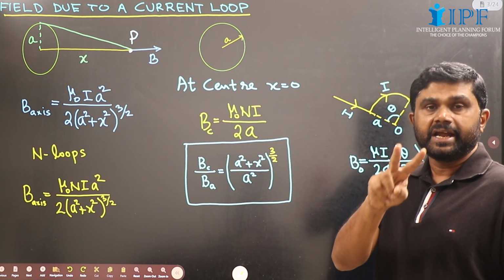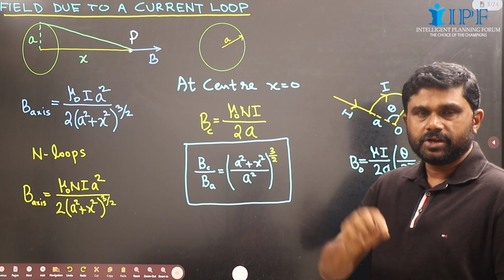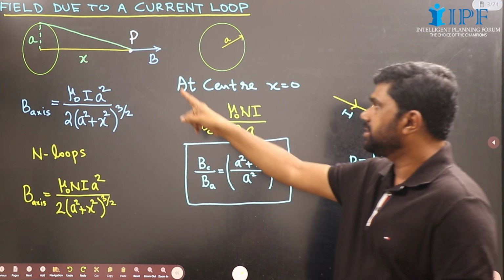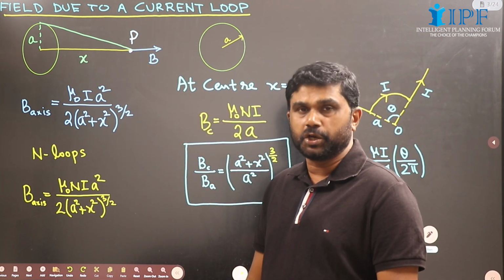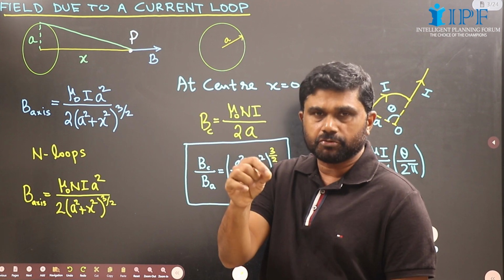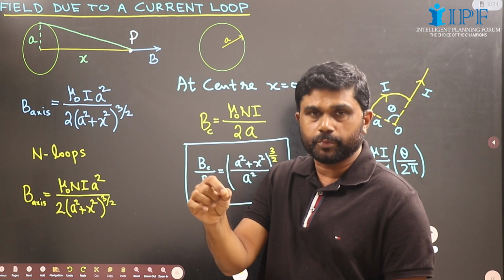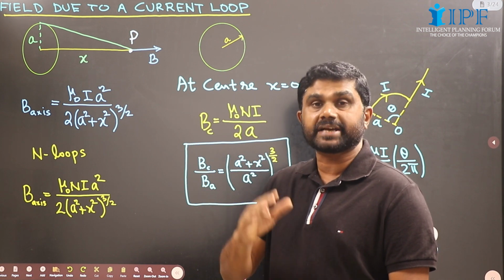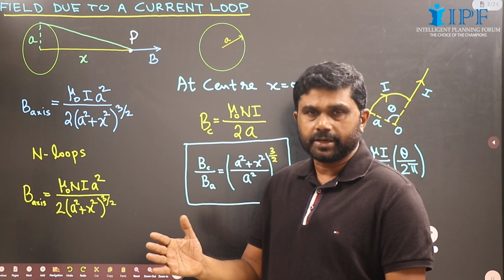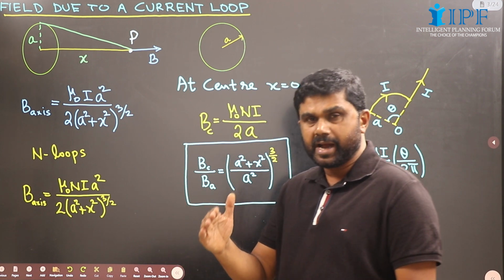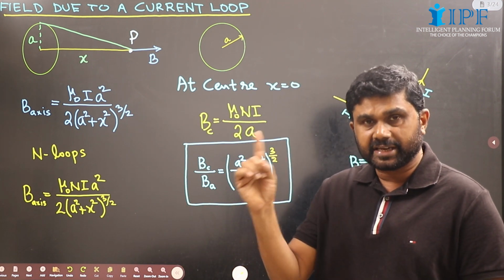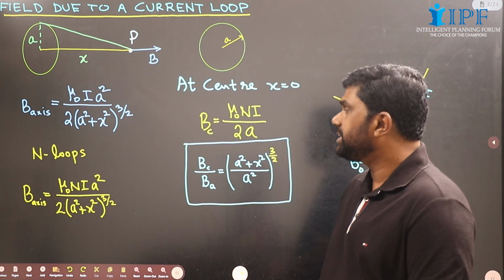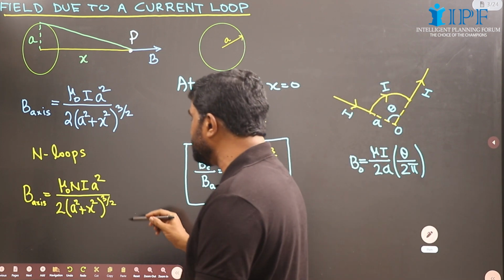Now let us consider two points, one at the center and one on the axis of the loop. At the center x equals 0, and anywhere else on the axis of the loop, x will have a different value. If we compare the magnetic fields at the center and at a point on the axis, the difference will be only in this factor.